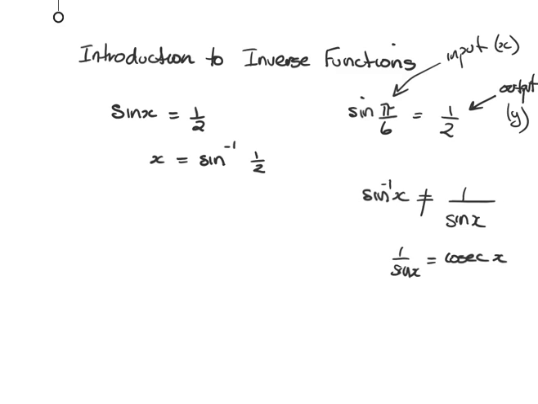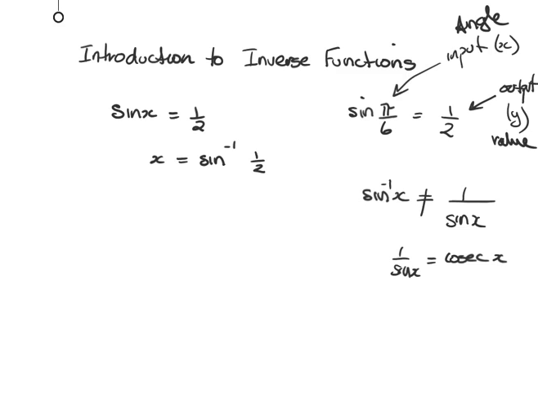That would actually be an angle. Sine inverse of x asks what is the angle that gives a particular value, whereas cosec x gives me a value. It's not finding an angle. Hope I haven't confused you with that, but the input here is an angle, and here the output is a value.